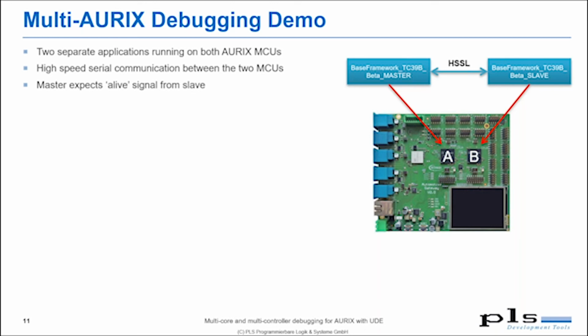We have a high-speed serial communication between the 2 MCUs, and a safety mechanism implemented so that the so-called master, or MCU A, checks if MCU B is still alive. So this is the use case.